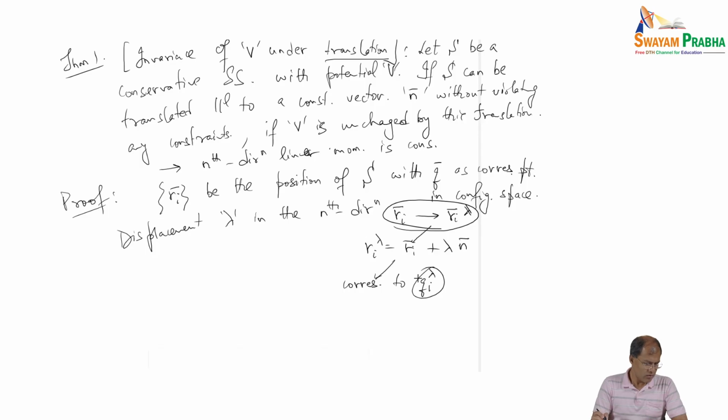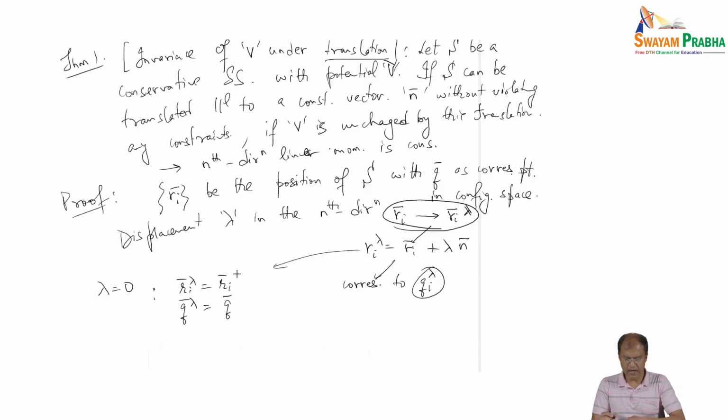So then what do we get? Ri is equal to Ri lambda. The initial condition we can quickly state for lambda equal to 0: Ri lambda is Ri, and Q lambda is Q. Then we can write down the jth Lagrange equation and simplify it the following way.